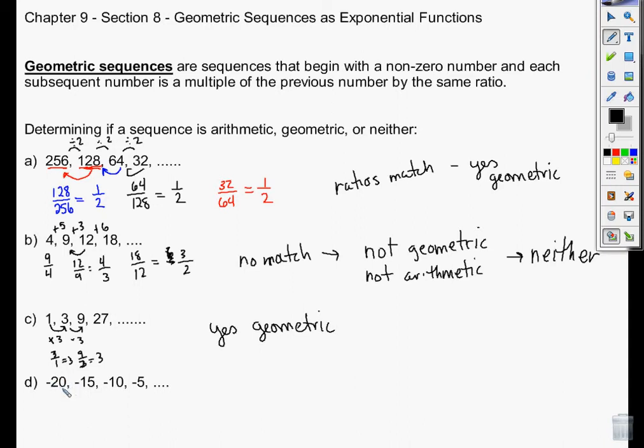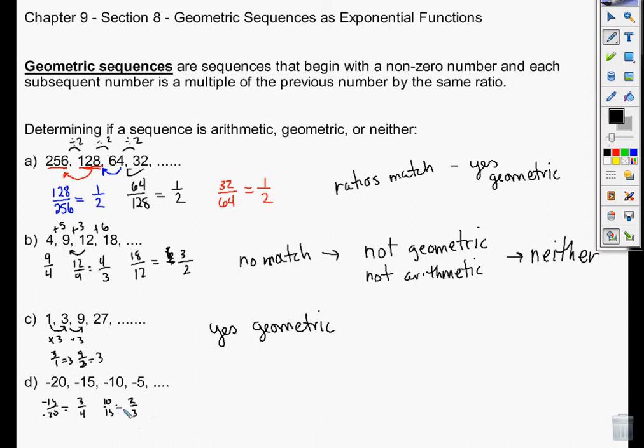Here, there's not really a ratio. If I do 15 over 20, I'm getting 3/4, and if I do 10 over 15, I'm getting 2/3.